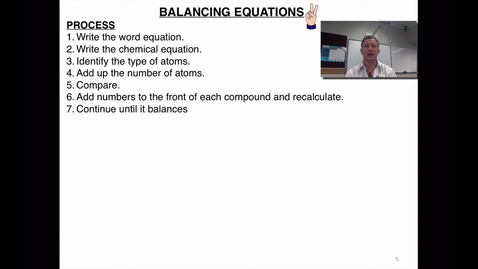Okay, well the key to doing that, we need to increase the number of atoms on one side. We place a number at the front of the chemical. Now placing it at the front of the chemical means it's 1, 2, 3 lots of that chemical. Remember the chemical symbol, the chemical formula does not change.